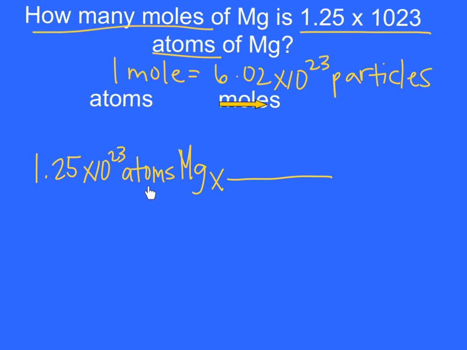That is a particle, so the one we're talking about in this problem has to be atoms. We're going to put that on the bottom so that these units cross out. So it'll look like this. The 6.02 times 10 to the 23rd, and once again, this is going to be atoms, because that is the particle that we're talking about in this problem. So I put that on the bottom, and therefore, the 1 mole is going to go on top.